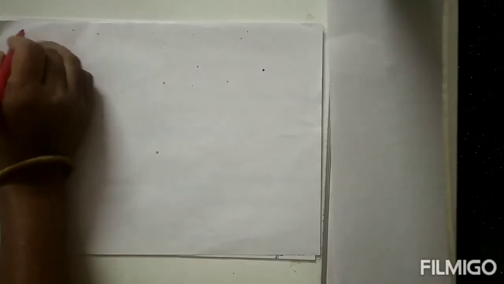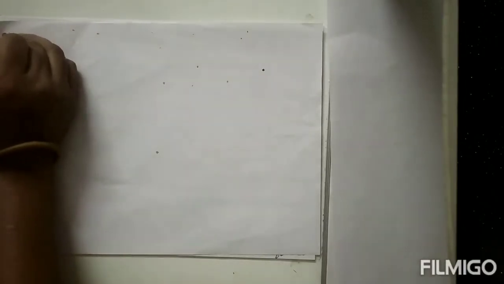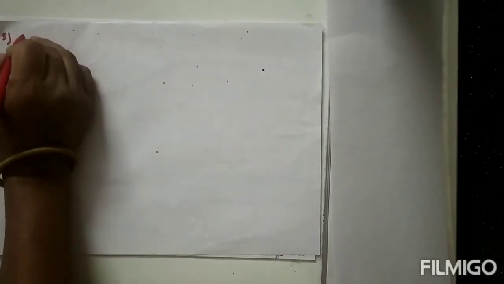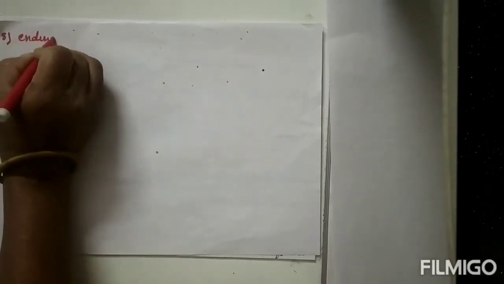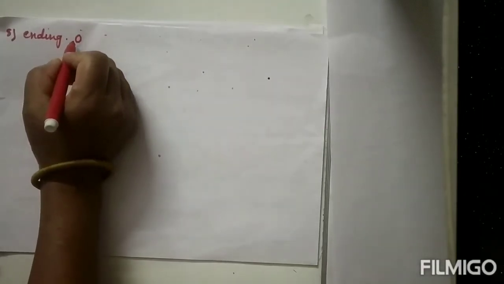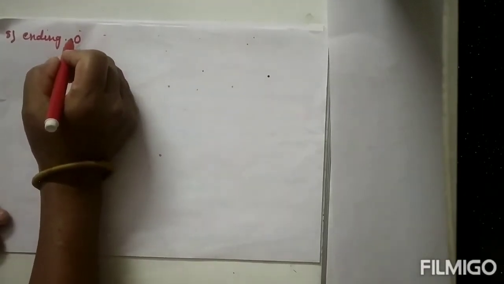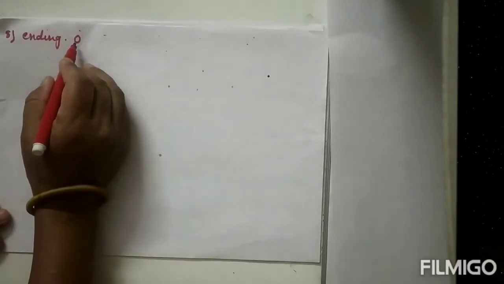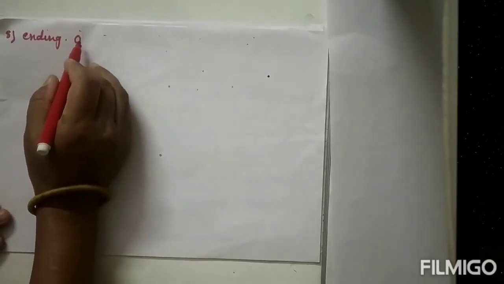Next rule is the 8th rule. Some nouns ending in O form their plural in the normal way. Sometimes we are not changing O, or we are not adding ES.